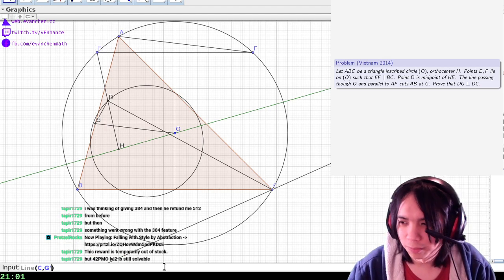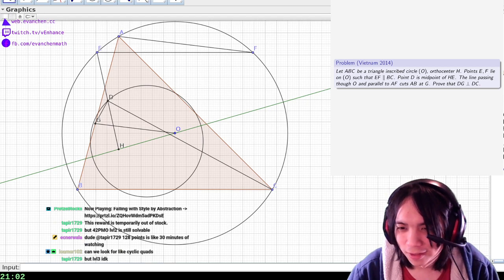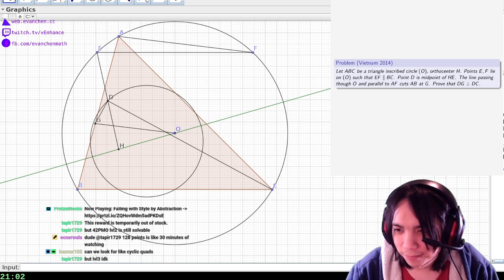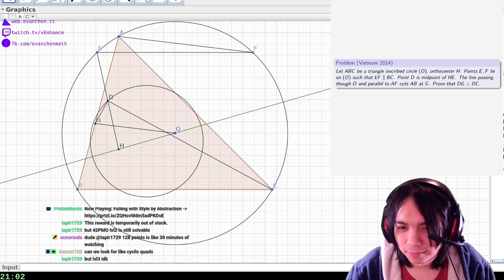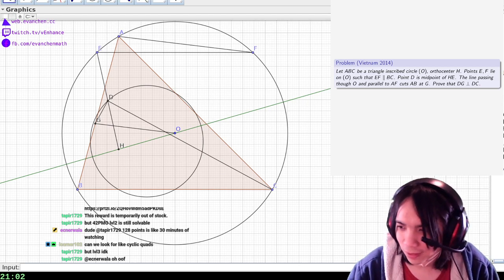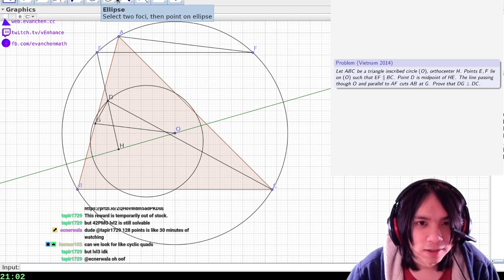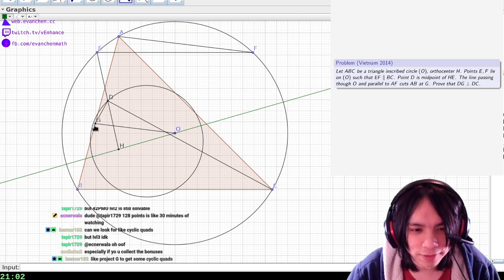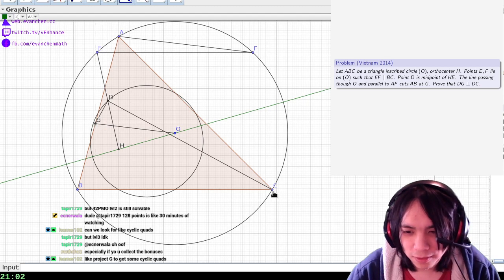Did I fail to rotate by 90 degrees? God. Why doesn't this work? Ugh. Angle with given size.